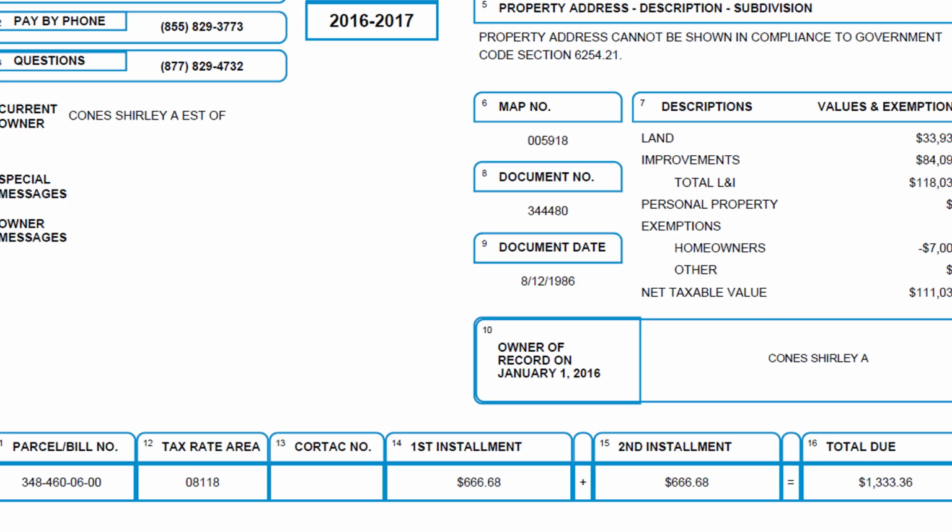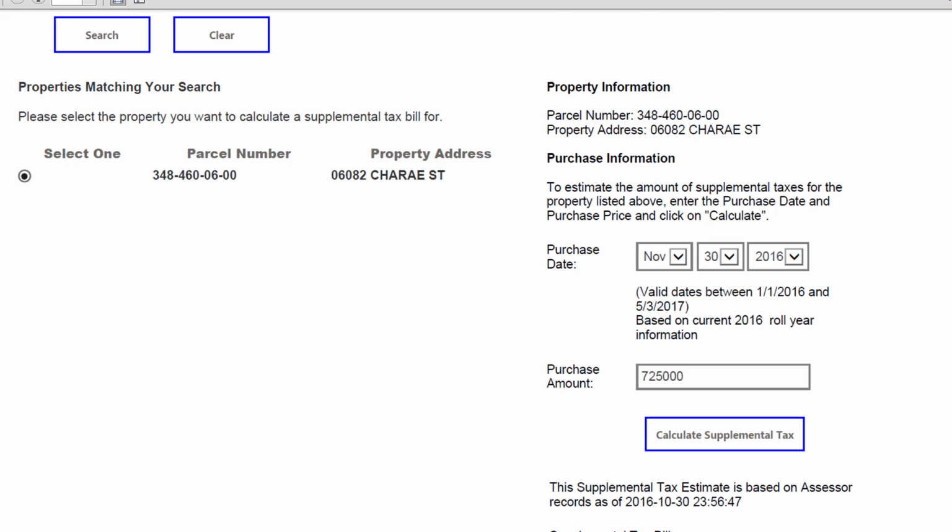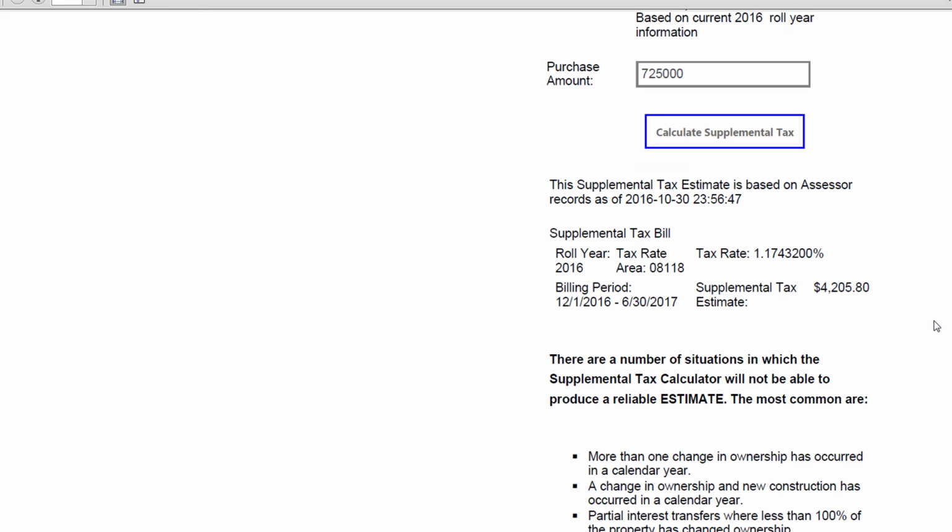And remember, this seller had a very low, they'd owned it for 60 years, had a very low amount. Obviously, there's going to be a huge delta between the two. And so that's going to come due probably 4 to 6 months after you purchase. And so in this case, the property taxes, the supplemental bill that will be due is $42.05.